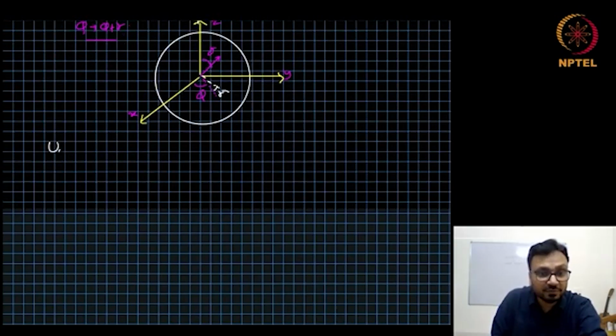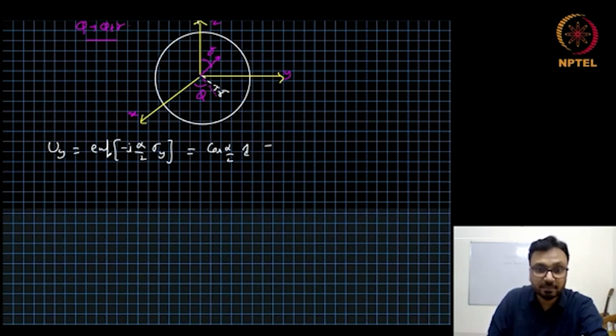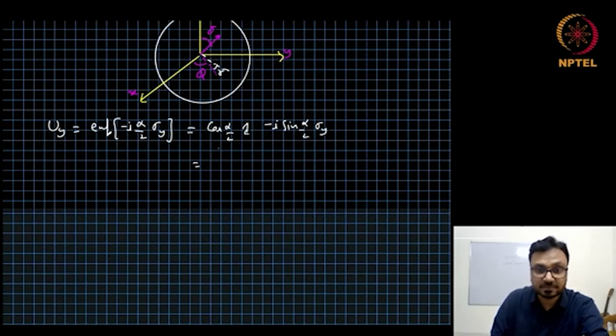Similarly, U of y, which is exponential of minus i alpha over 2 sigma y, which is cos of alpha over 2 identity minus i sine of alpha over 2 sigma y, which is the matrix cos of alpha over 2, minus sine of alpha over 2, sine of alpha over 2, and cos of alpha over 2.